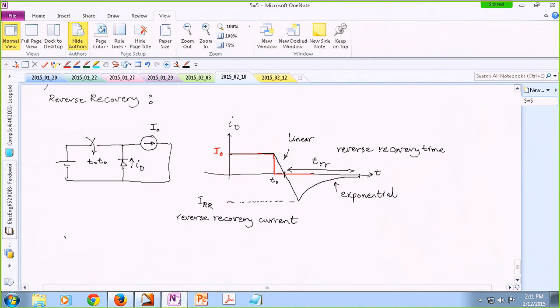So the disadvantages are: one is loss of power. The other one is time delay. You're expecting your diode to be instantly off, but it is not actually off.